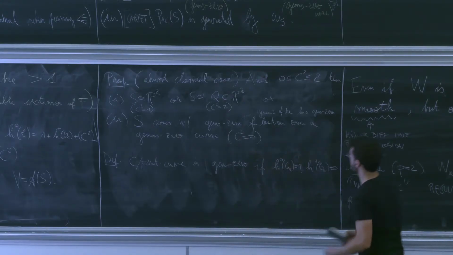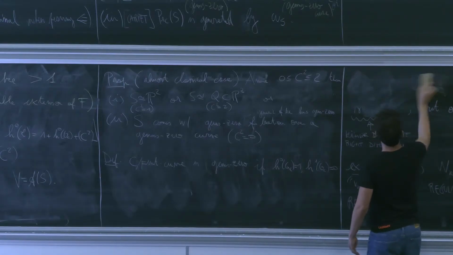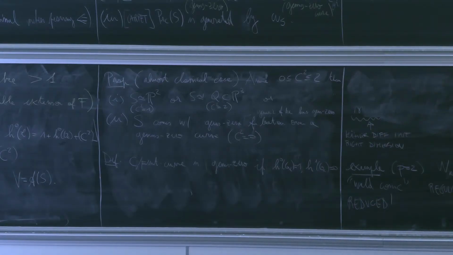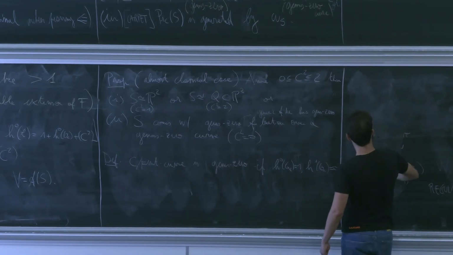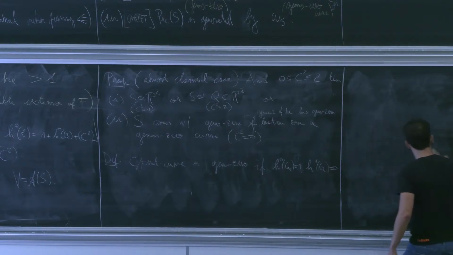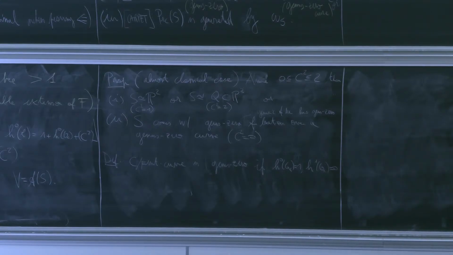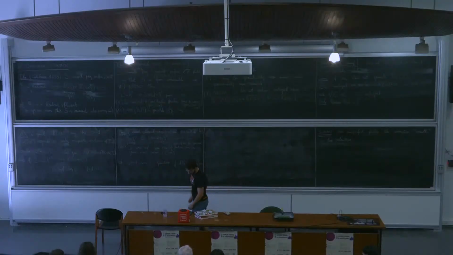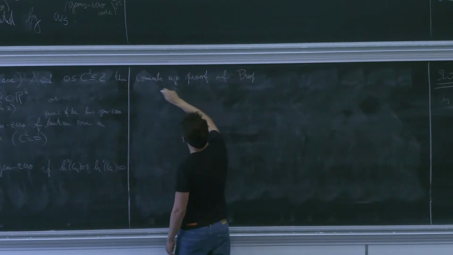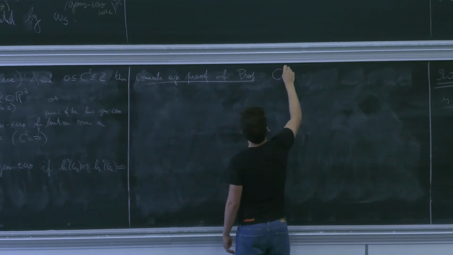Right, so maybe let me show you a comment on the proof, to show you where one has to be careful. Comments on proof of the proposition, in the case where C squared is 2.